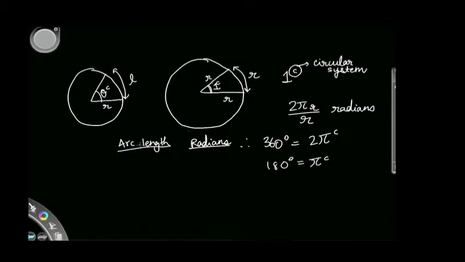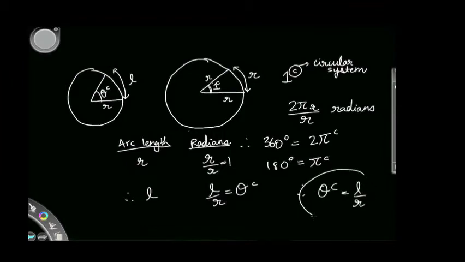If arc length is r, radians is r by r, equal to 1. Therefore, if arc length is l, then radians is l by r, which is theta radians. Therefore, theta radians is equal to l by r. This is important.